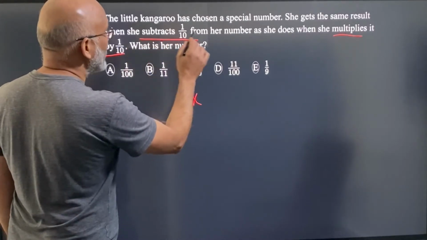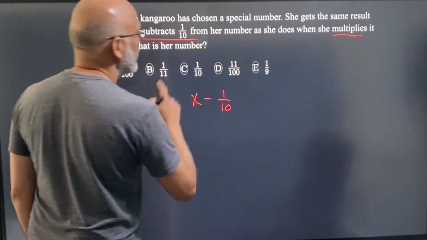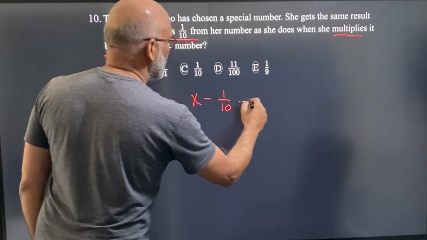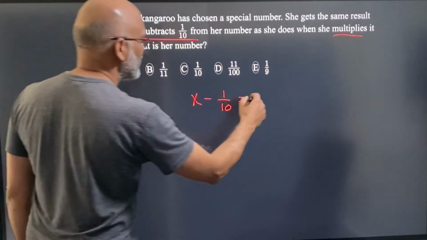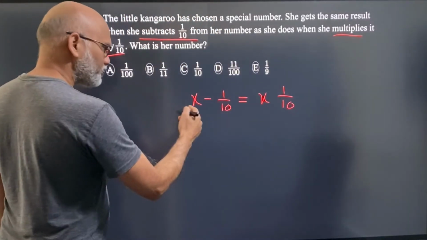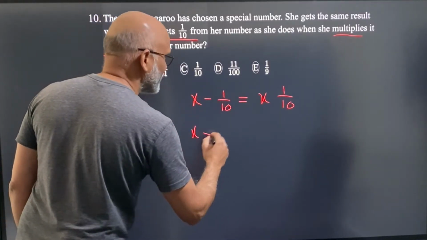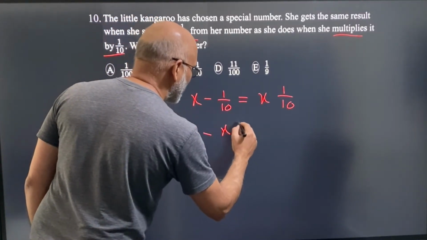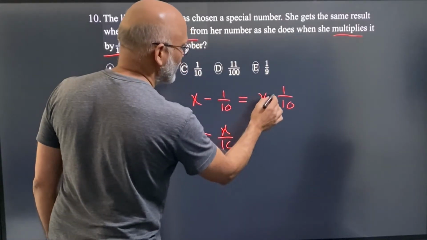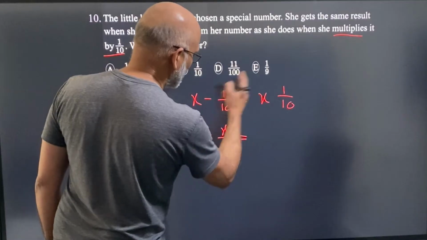When she subtracts 1/10 from her number, so let me subtract 1/10 from that number. We get the same result when I multiply it by 1/10. So x times 1/10, right? So let me bring the like terms together. So this is x minus x by 10. So x times 1/10 is just x by 10. So this is equal to, I'll take this 1/10 to the other side.